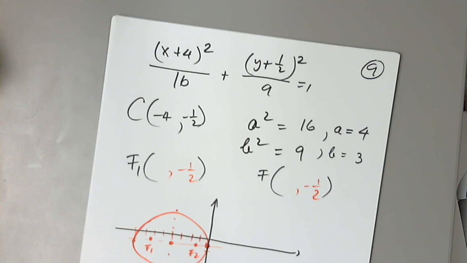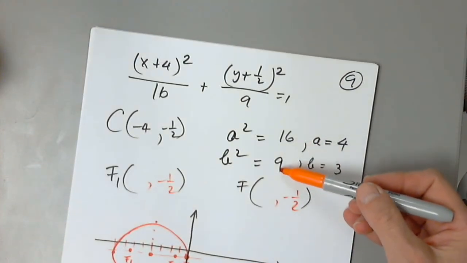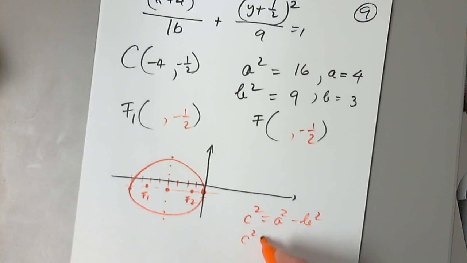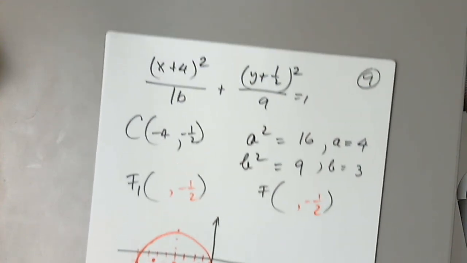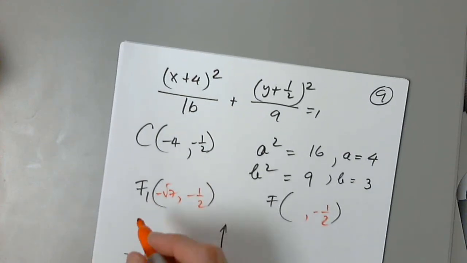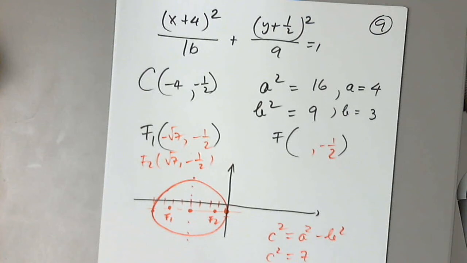So now we have to determine the C. In order to find the C, remember it's C squared equals A squared minus B squared. So A squared minus B squared is 7. So C squared equals 7, so C equals plus or minus the square root of 7. So one of them will be negative the square root of 7, and the other one the square root of 7, comma, -1/2.